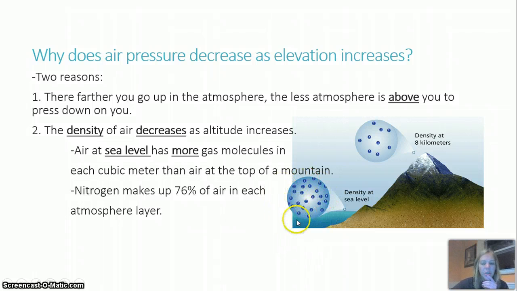In this section right here, if these are all the particles of air, only 76% of them are nitrogen. Same for this area of air up higher in the atmosphere. So there's going to be much fewer particles of nitrogen, but they will still make up 76% of the air particles in that layer as well.